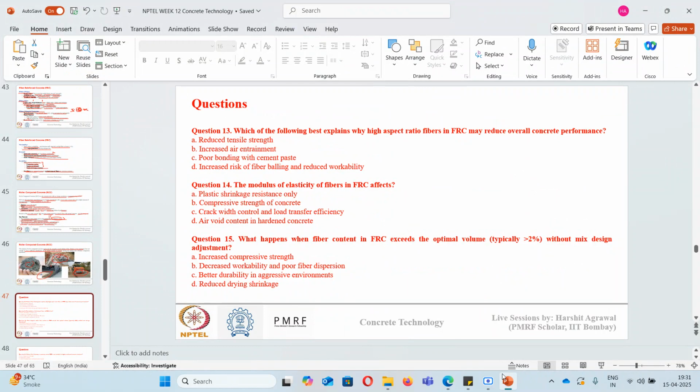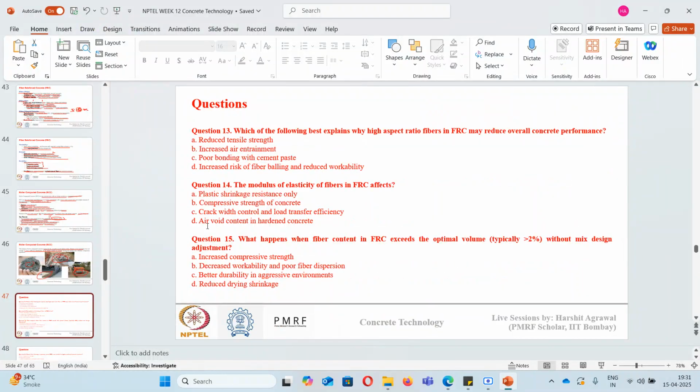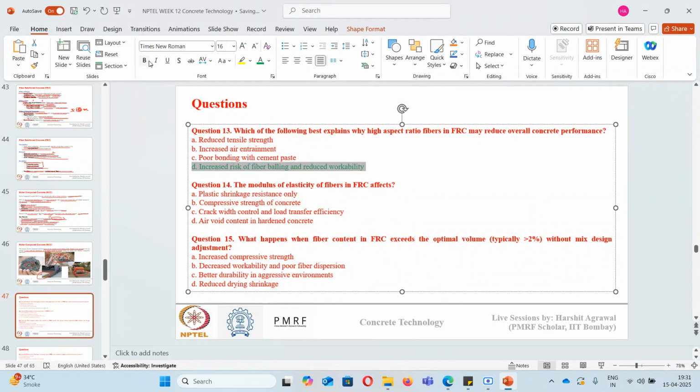Which of the following best explains why high aspect ratio fibers in FRC may reduce the overall concrete performance? Okay, so the correct answer is D. What happens when we are using high aspect ratio fiber?